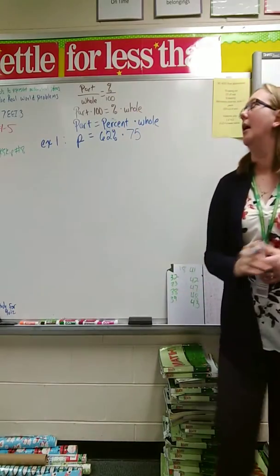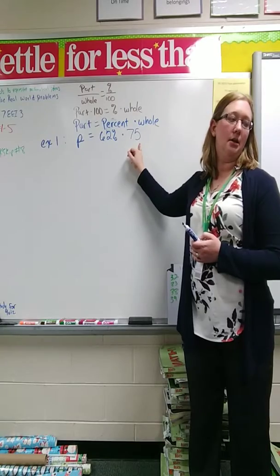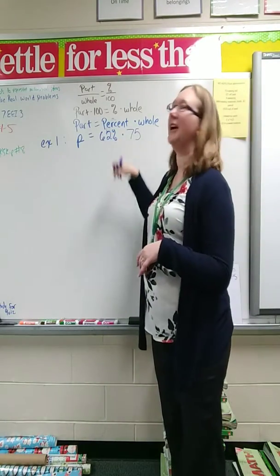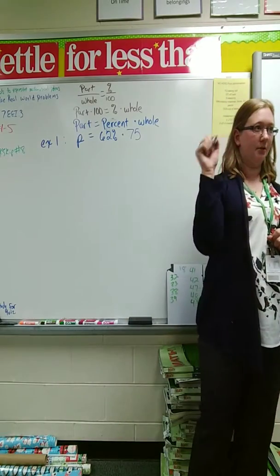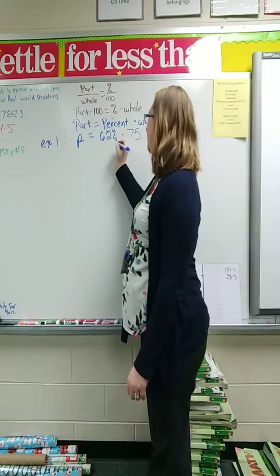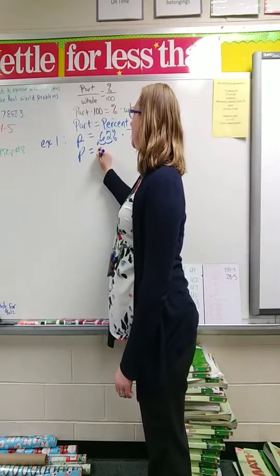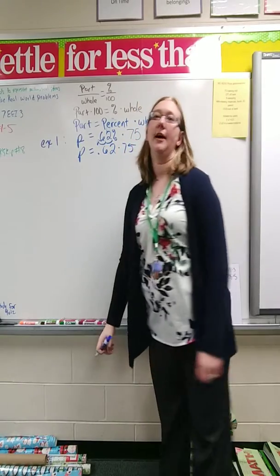Okay? Like I said, we can't multiply with the percent sign. So what we do, my percent sign actually gives us a reminder. When you make the percent sign, you make 2 little circles. That tells us that we need to move the decimal point 2 places. So our part is equal to 0.62 times 75.